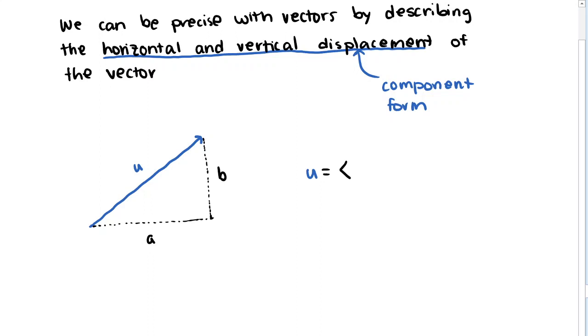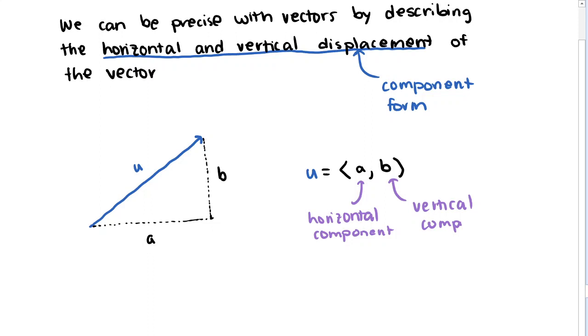Here it's often written in angled brackets: its horizontal displacement, comma, its vertical displacement. And sometimes we'll call this first quantity the horizontal component of the vector, and we'll call this second quantity the vertical component of the vector.